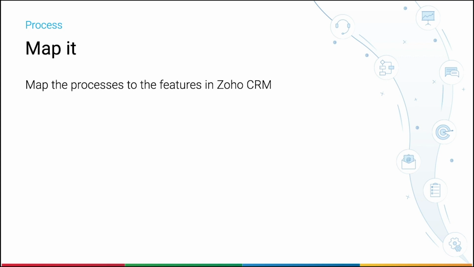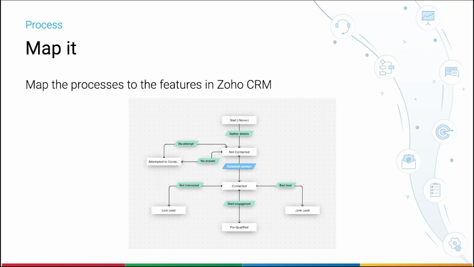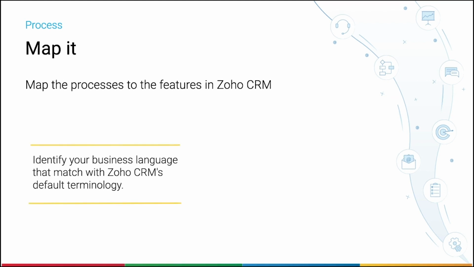The visual representation of the process, like flow diagrams, will help you analyze the extent of customizations needed and processes or steps that require automation. As you're working on the process blueprints, identify your business language that matches with Zoho CRM's default terminology.